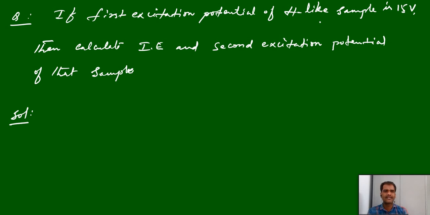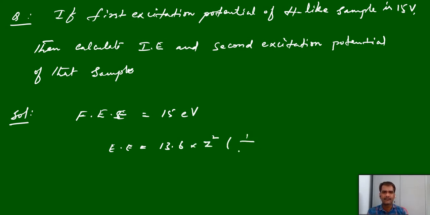The first excitation potential of hydrogen-like sample is given. If they give first excitation potential, we can write that as the first excitation energy. First excitation energy is equal to 15 electron volts. And the excitation energy formula is 13.6 Z square into 1 by N1 square minus 1 by N2 square.